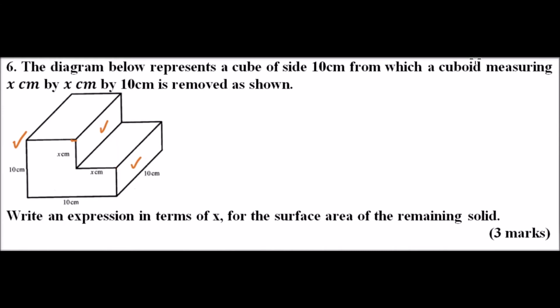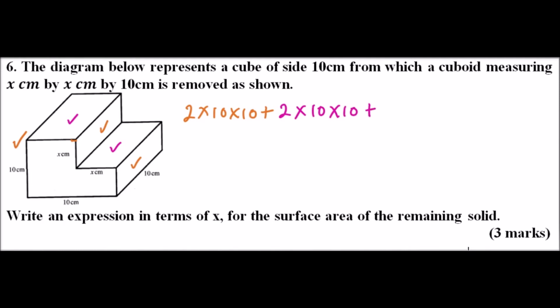Therefore we can say those two sides are 2 multiplied by 10 by 10. Then we add the bottom, which is 10 times 10. The top, when you combine that and that, is also 10 by 10. So that one is 2 multiplied by 10 by 10, for the bottom and top.